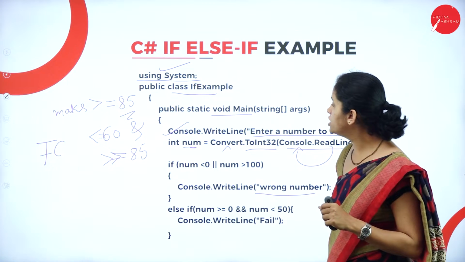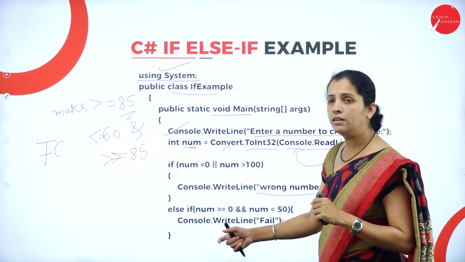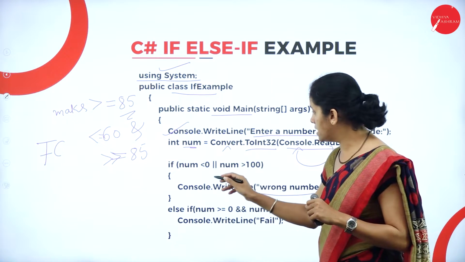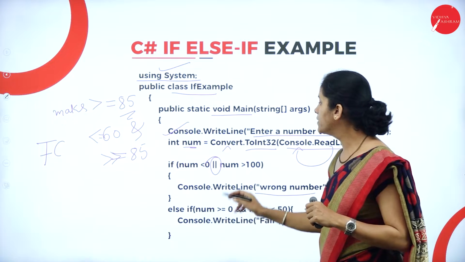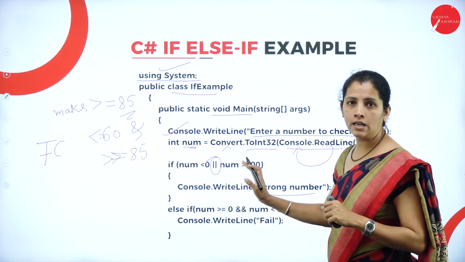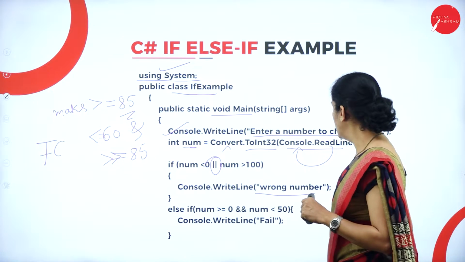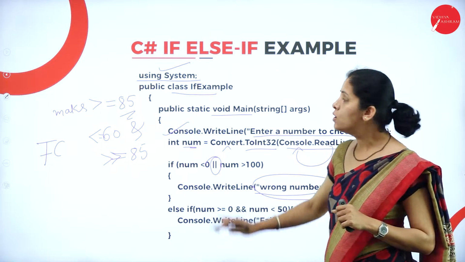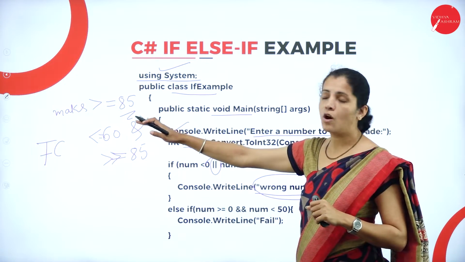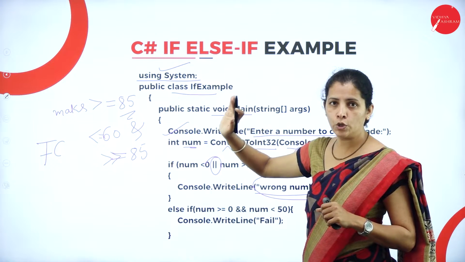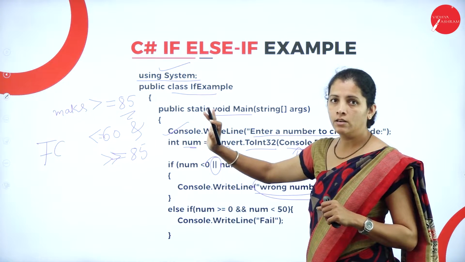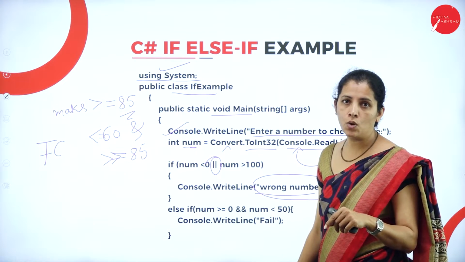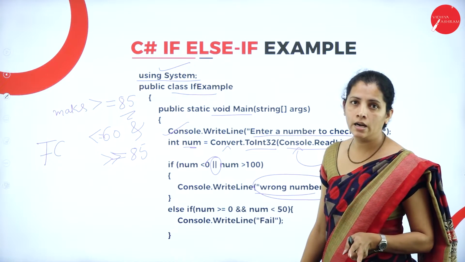Now I'm going to check if the read number is less than 0 or greater than 100, then it is a wrong number. So whatever marks or number I enter must be above 0 and below 100.